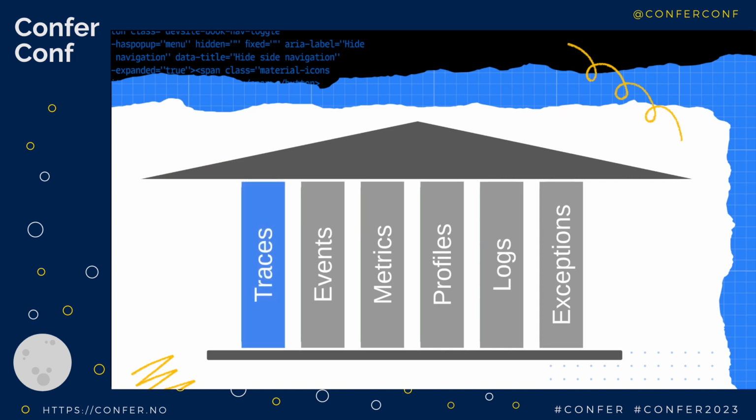It's like a temple, so we can see it as something like this. We have the traces, we have been talking about them. We have the events. Events are a different kind of event, not events from the point of view of, for instance, an event-driven architecture. Events can be things like a new deployment, things that you have to take into account that also affect your system.